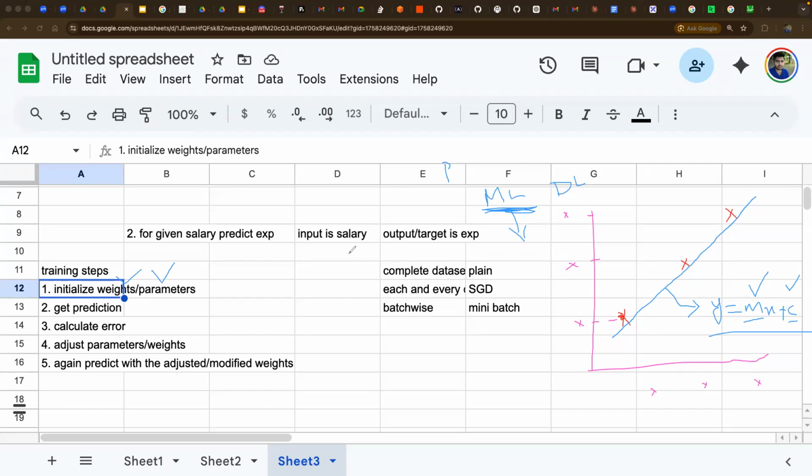Let us say you had something like 0.1 and 0.5. These are the values that you had initialized for m and c. Then what would be the y value? So y equal to 0.1 into x plus 0.5. This is the y, right?